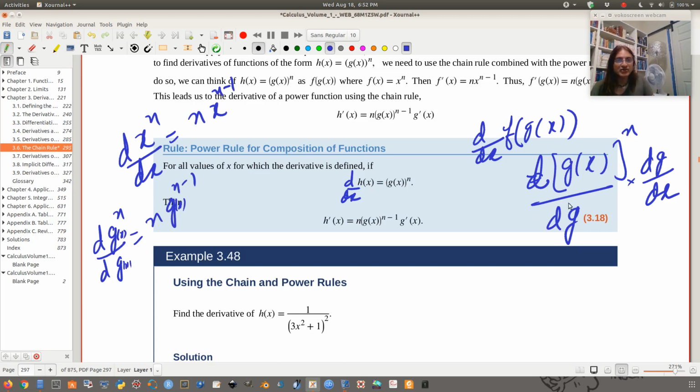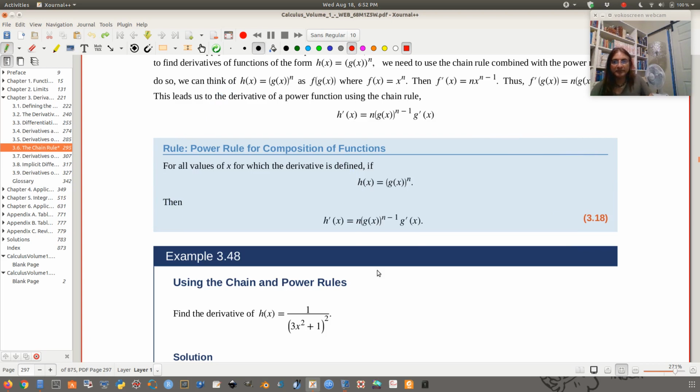So this is n times g of x to the n minus 1 times the derivative of g with respect to x. This seems a little tricky in the beginning, but when you apply it a few times, it becomes easier.